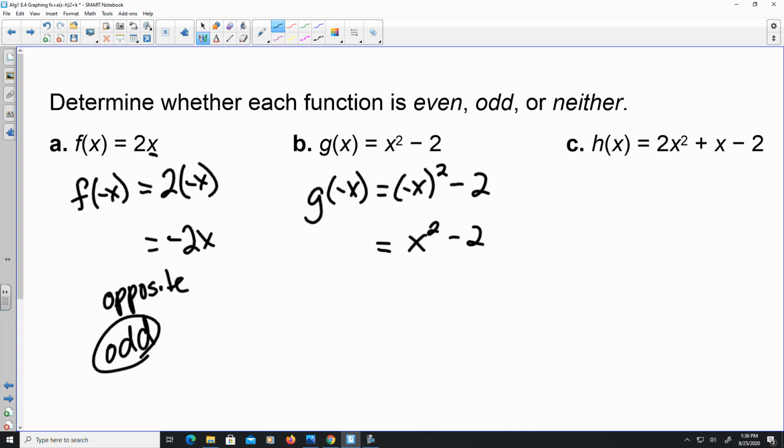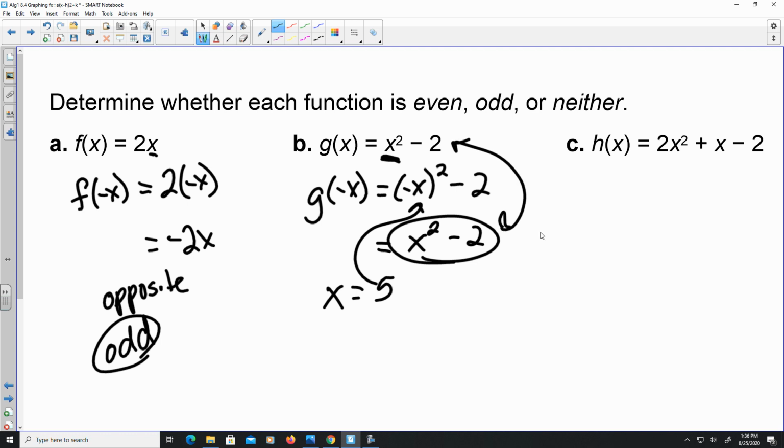Just for example, let's say x equals 5. Negative 5 squared is positive 25. If I put 5 in here, 5 squared is still 25, and subtracting 2, you get the same answer. So that's why I can conclude that it is going to be x squared minus 2. This relationship here is exactly the same. Since they are the same, we have an even function.